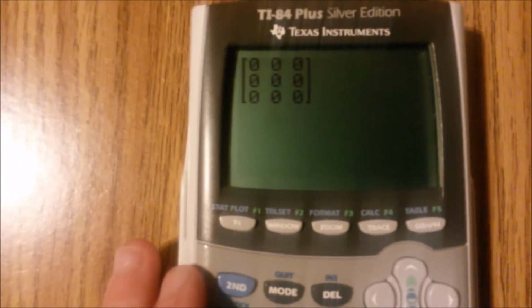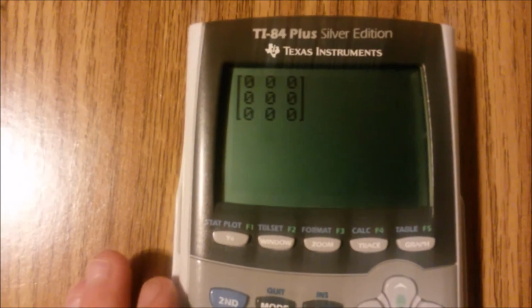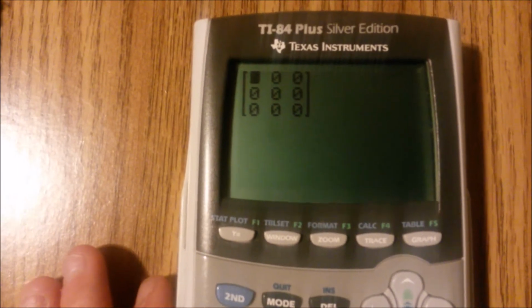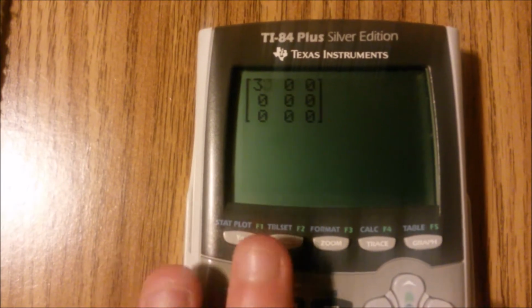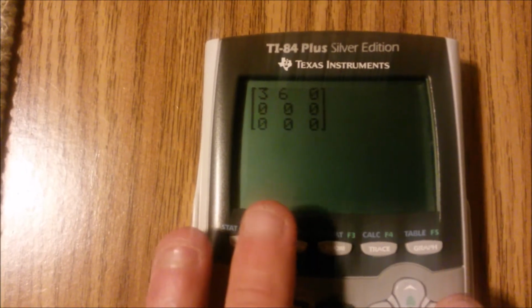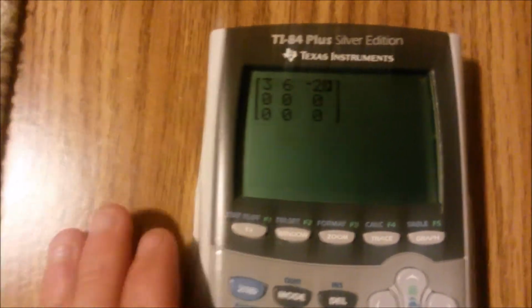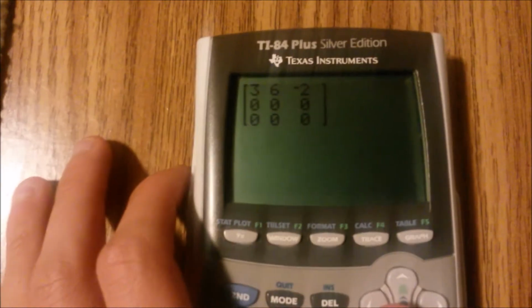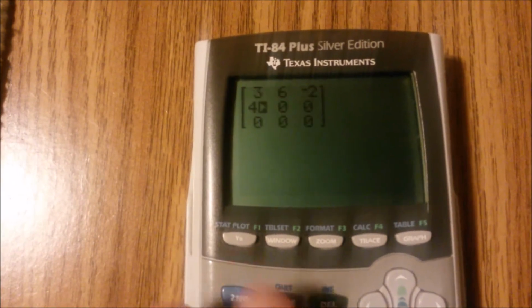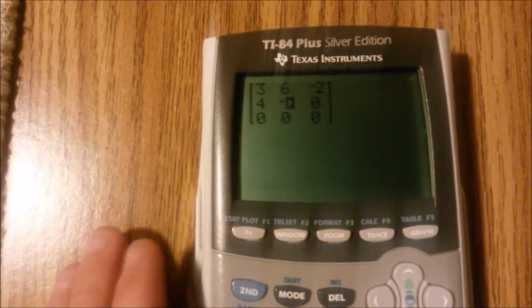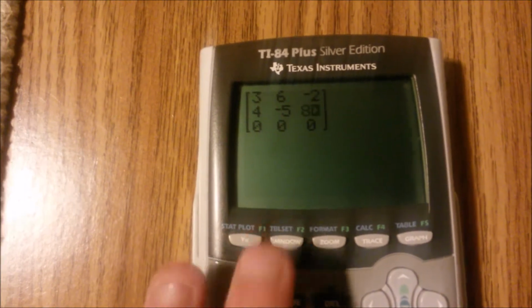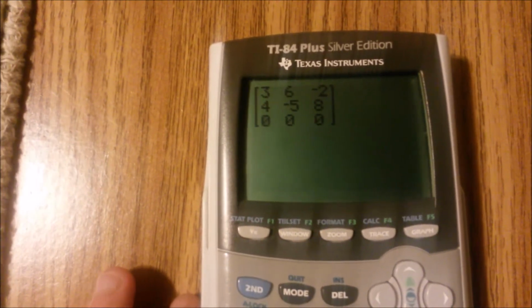Then plug in the coefficients to each equation. For example, if your first equation was 3x plus 6y minus 2z, you would plug in those coefficients, and then proceed to plug in the coefficients to each of the other equations.